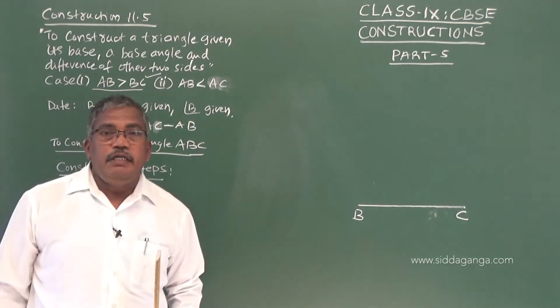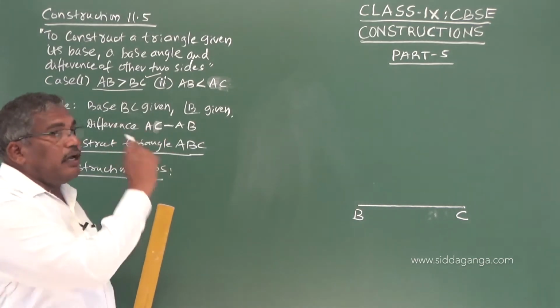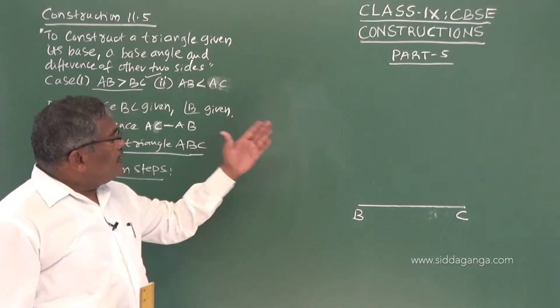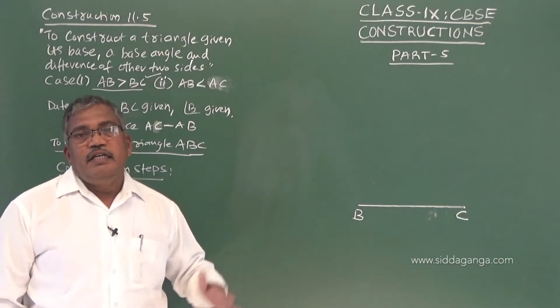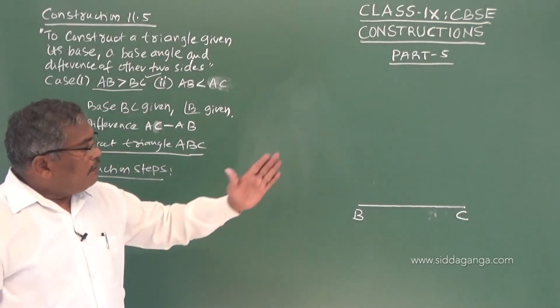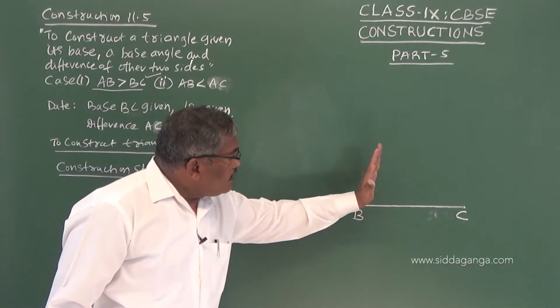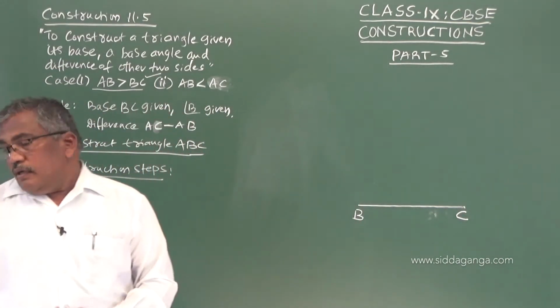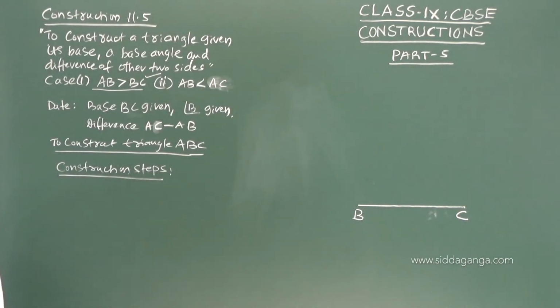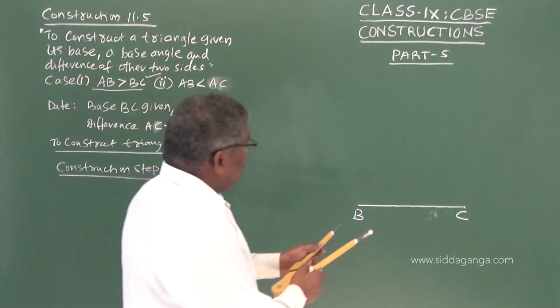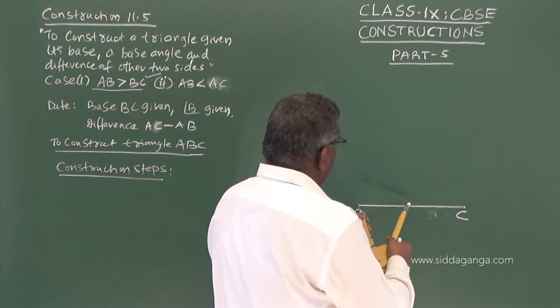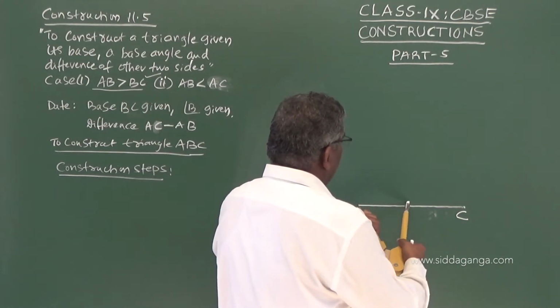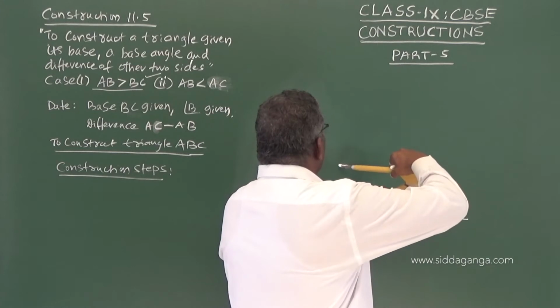We have learned how to construct a given angle, maybe 60 degrees, 75 degrees, 45 degrees, 135 degrees, whatever angle is given at B, using compass and scale. Suppose it is given as 60 degrees, then we draw an arc like this.